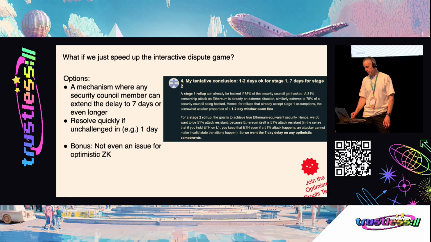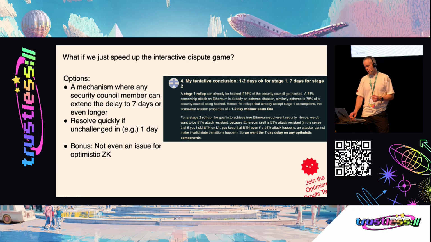So, okay, we have some options here. What if we had 1 to 2 days of the dispute game, and then we had an option where a security council member could just flip a switch and extend it to 7 days in the case of some kind of censorship attack? That's the suggestion. I think this is a good suggestion.